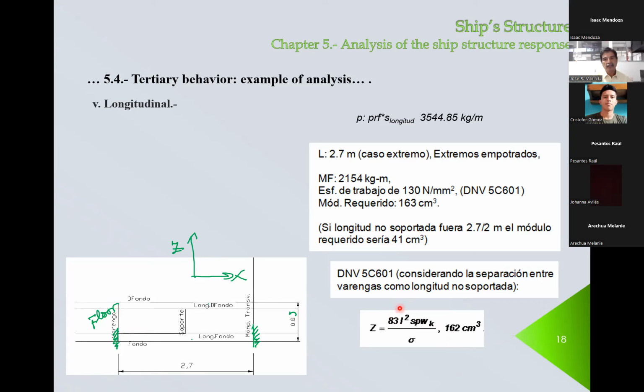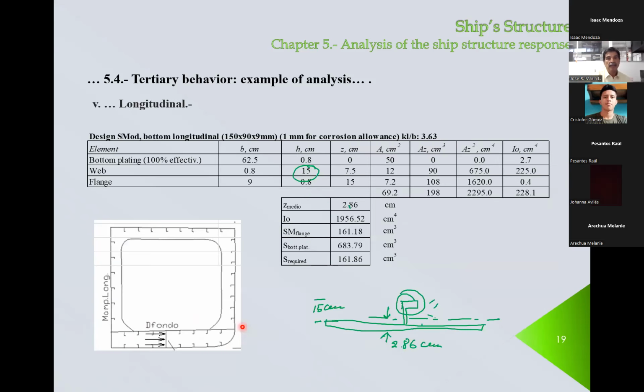This is a formulation from DNV. In this case, you take 2.7 as the unsupported span of the beam, and then we do this calculation.